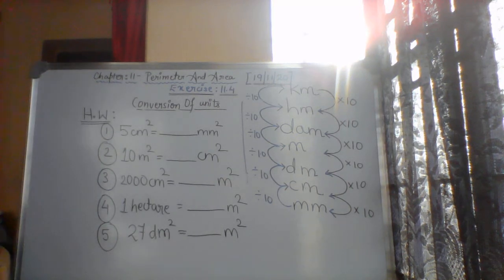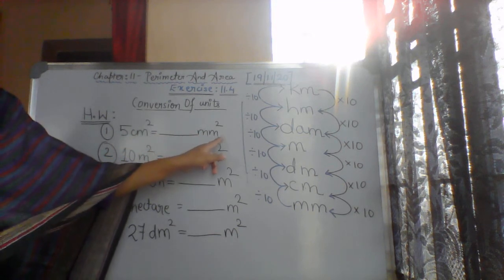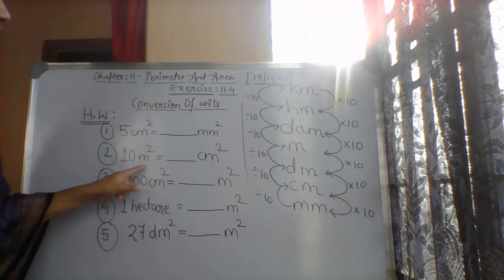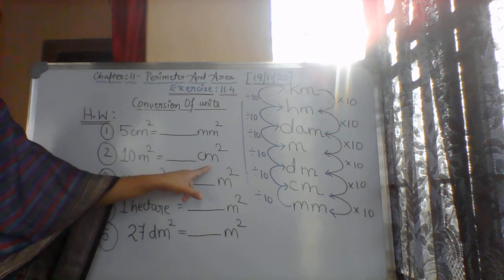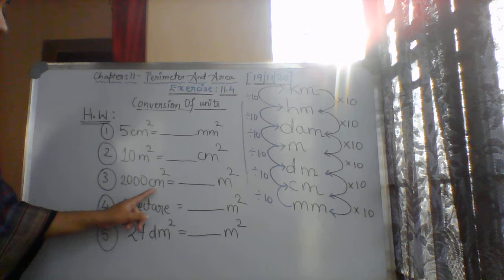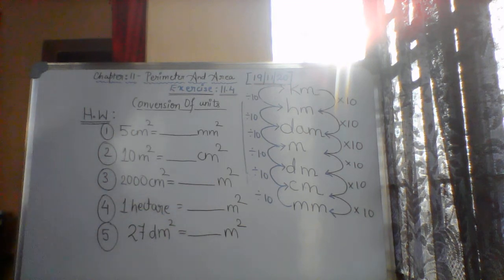Now these few questions are for your homework. You have to convert 5 centimeter square into millimeter square. Next, you have to convert 10 meter square into centimeter square. Next, third one, 2000 centimeter square you are going to convert in meter square.